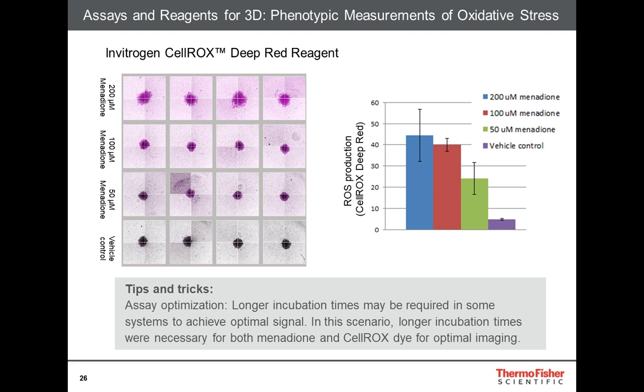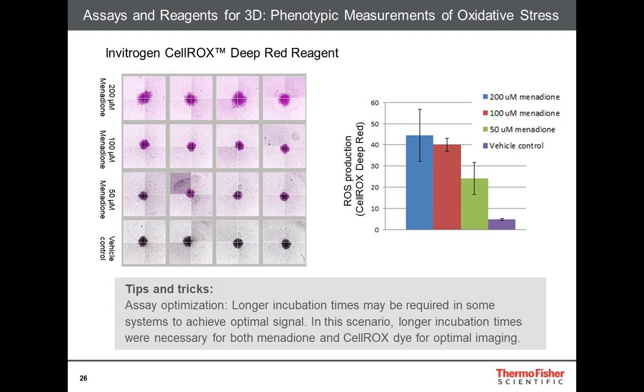And as we treat with different concentrations of a drug, menadione, we see an absence of red signal in our control cells, but we see a significant increase in red signal reporting the presence of reactive oxygen species as we increase the concentration of our drug. So we can see this in the image, but we can also quantify this and illustrate the significantly increasing presence of reactive oxygen species as we treat with this drug.